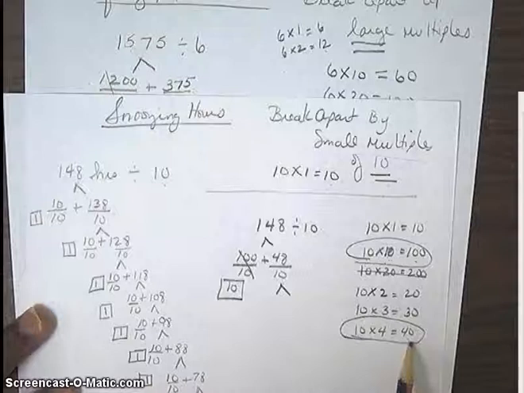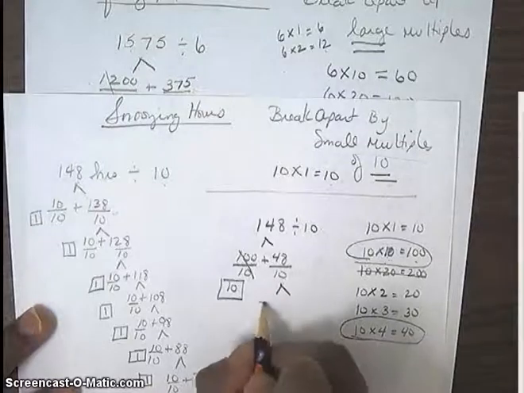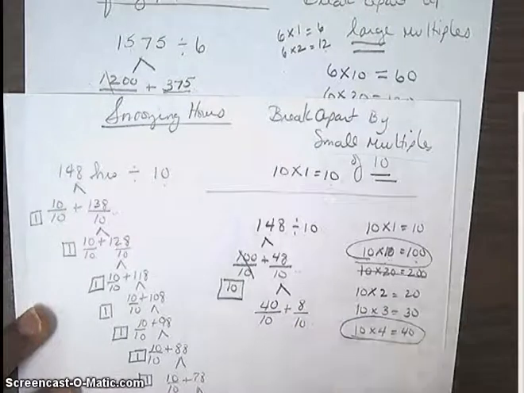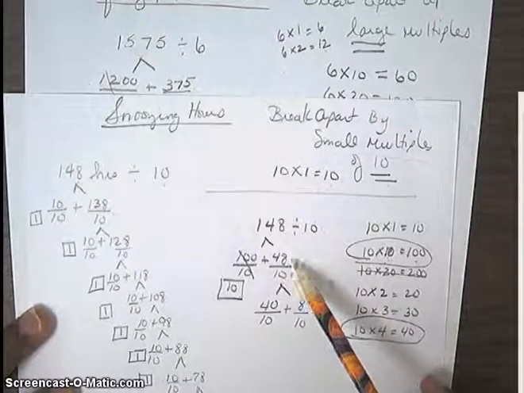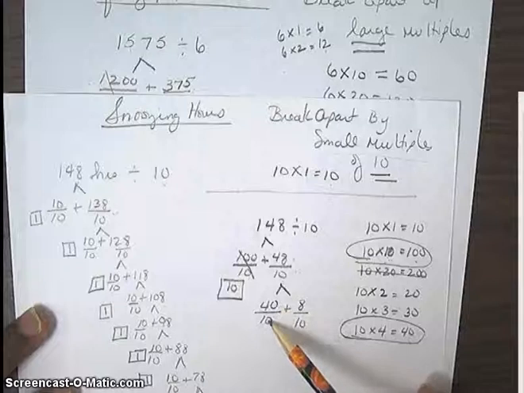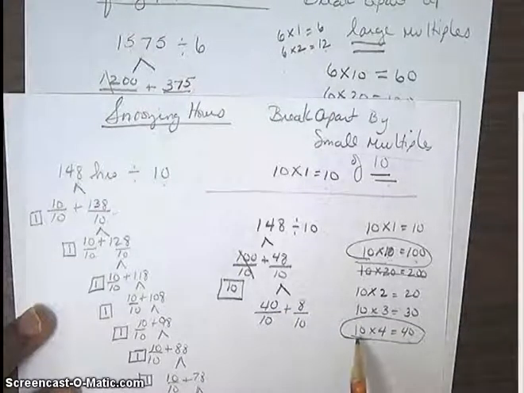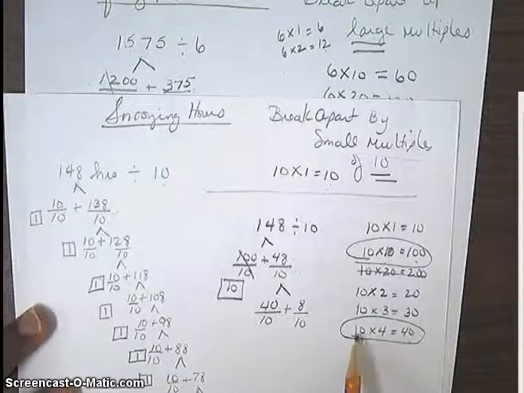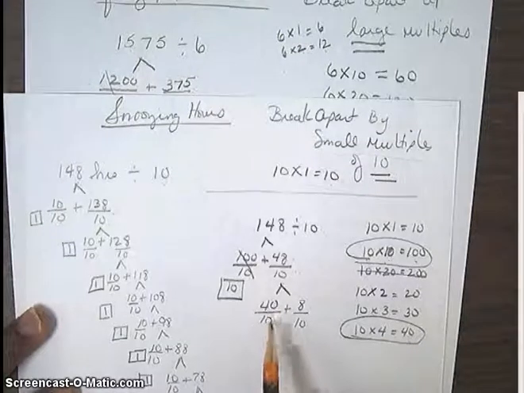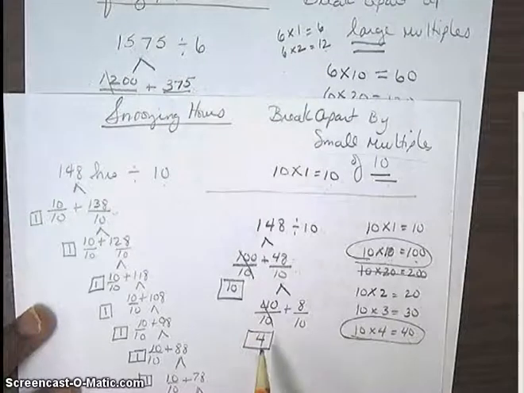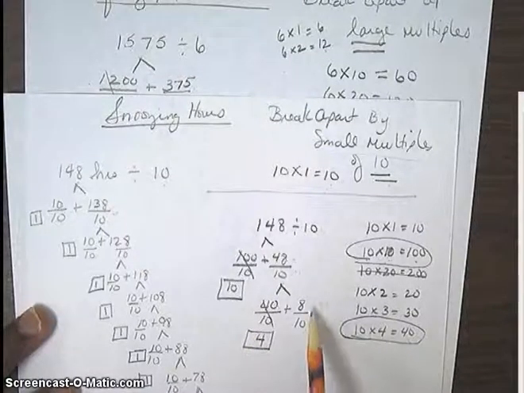If I take 40 out of 48, then I'd have 40 divided by 10 plus 8 divided by 10. Everyone should see that 48 divided by 10 is the same thing as 40 divided by 10 plus 8 divided by 10. And now we know that we can divide this because we know the multiplication sentence as well. If 10 times 4 is equal to 40, then 40 divided by 10 is equal to 4 groups. So now we have 4 groups here, and now we have a remainder of 8/10.